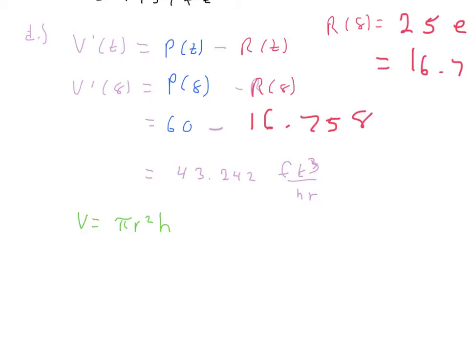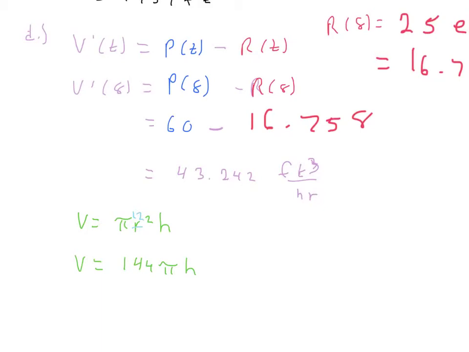The radius of this cylinder was always 12. So if we plug in 12 for r, volume is equal to pi times 12 squared, which is 144, pi times h.